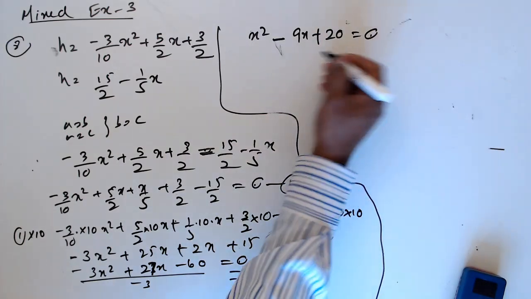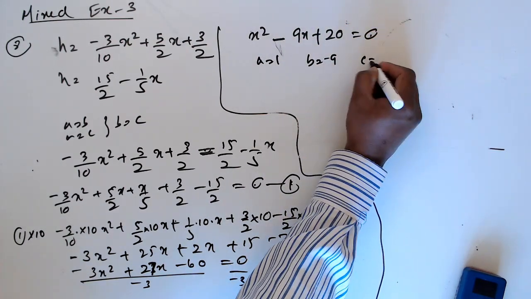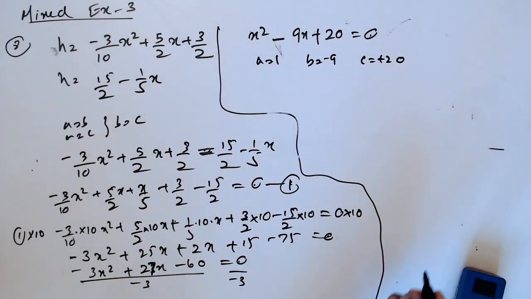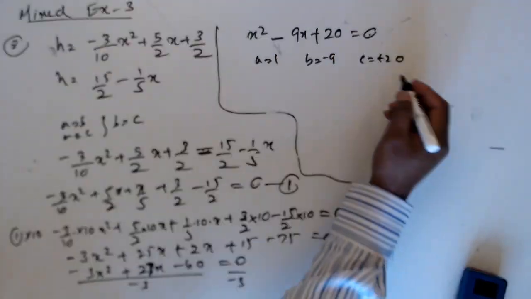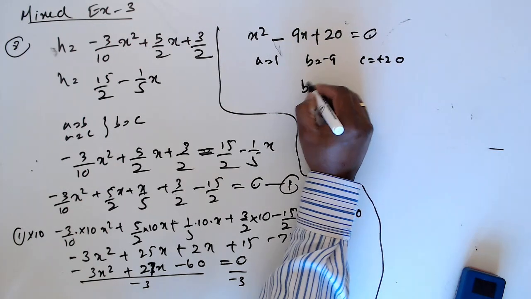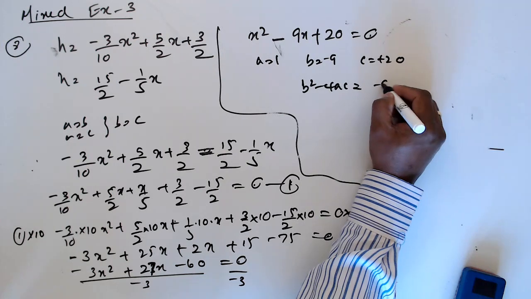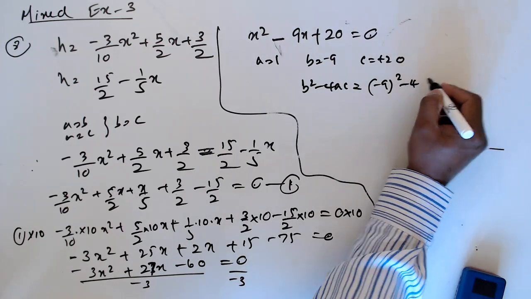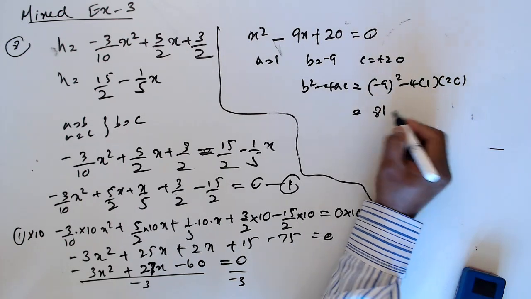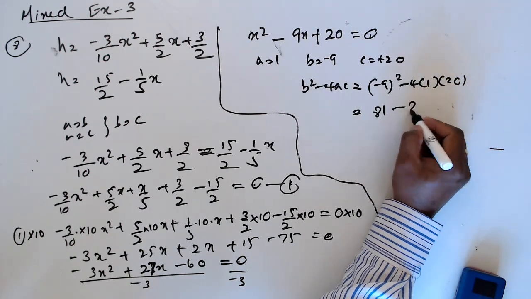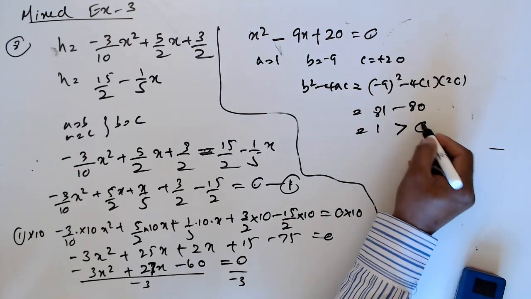Then a equals 1, b equals minus 9, c equals plus 20. Then b square minus 4ac equals minus 9 square minus 4 times 1 times 20. This is 81 minus 80, which is 1, greater than 0.